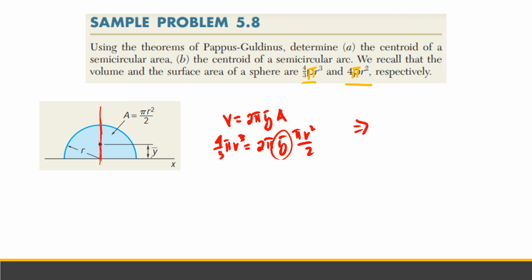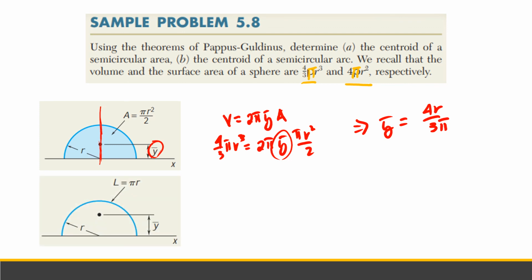Therefore, y bar is equal to 4r over 3 pi. So with Pappus-Guldinus, you can determine the volume, but if the volume is known, you can also determine the centroid of the body.